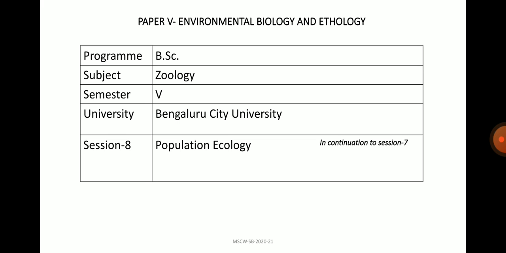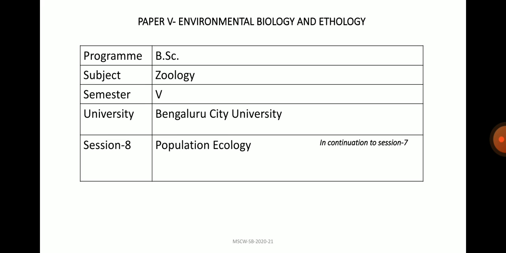Students, in my previous lecture on population ecology, session 7, I had discussed the meaning of population and its 4 attributes or characteristics such as density, natality, mortality and age distribution, from which I am sure you have learnt about the major role played by natality and immigration in increasing the population density, while mortality and emigration decrease it.